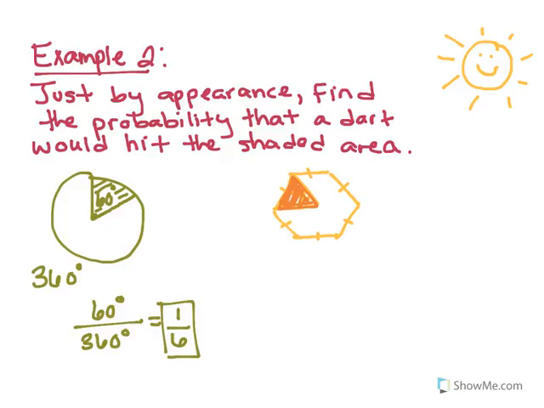So the shaded figure would be 1. Here's 2, 3, 4, and then 5 and 6. So just by visually looking at this, that area takes up 1/6 of the entire area. So just by visual aid alone, I know that my probability is also 1/6.